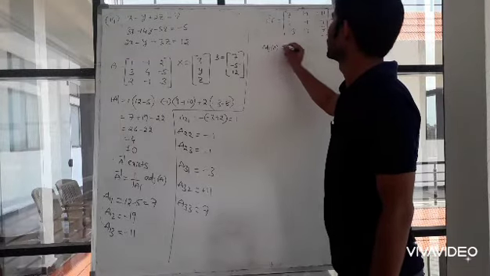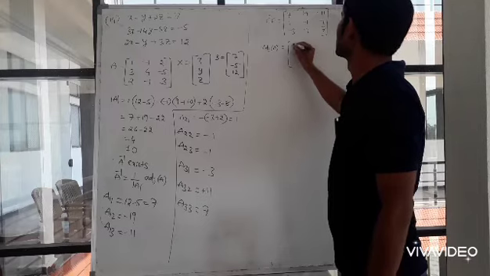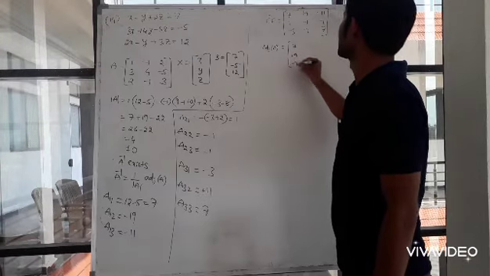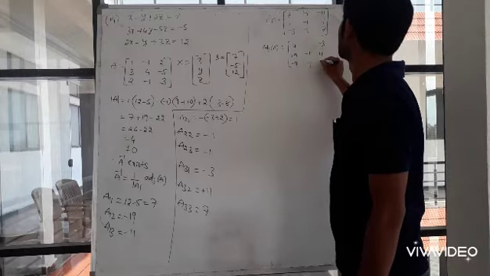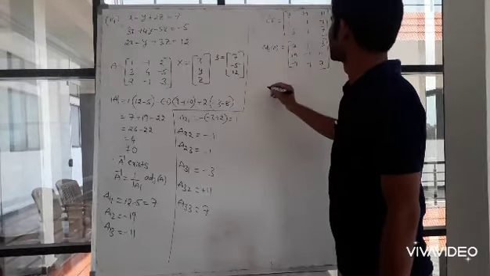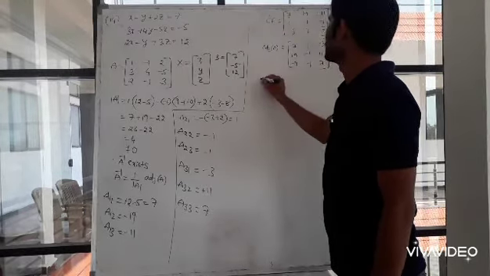Adjoint of A is equal to transpose of 7, 19, -11, 1, -1, -1, -3, 11, 7. Then A inverse is equal to 1 by determinant, which is 4, into 7, 1, -3, 19, -1, 11, -11, -1, 7.